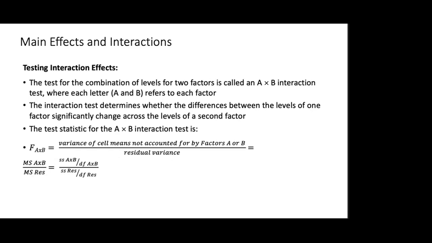And we also test against the residual variance here. So basically it's all similar to the one-way ANOVA. We're testing against the residual variance that is not accounted for by the model. We're just breaking down the model variance into its different components, the two main effects and the interaction term.